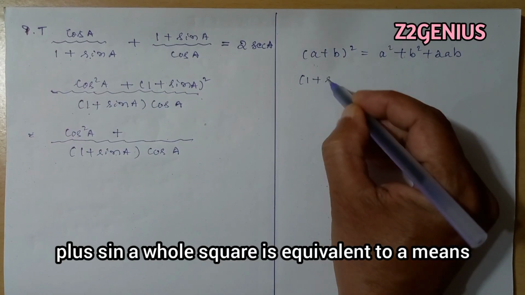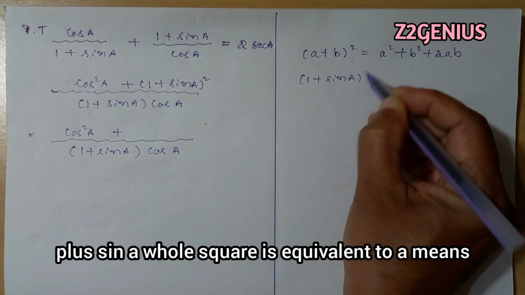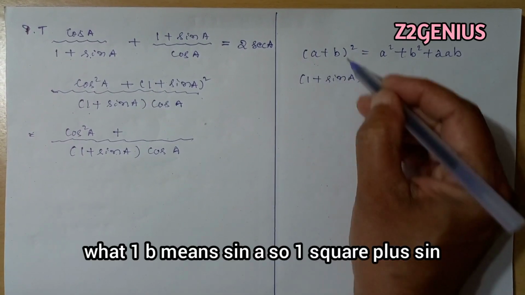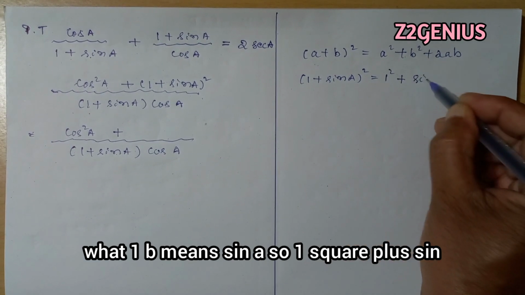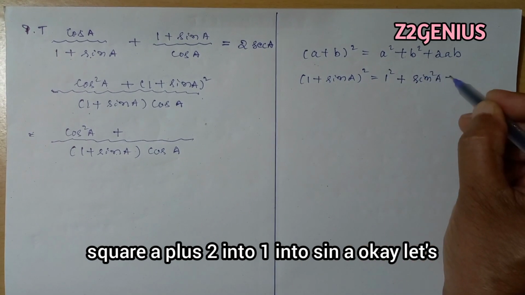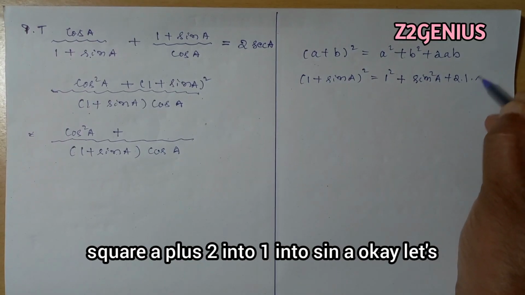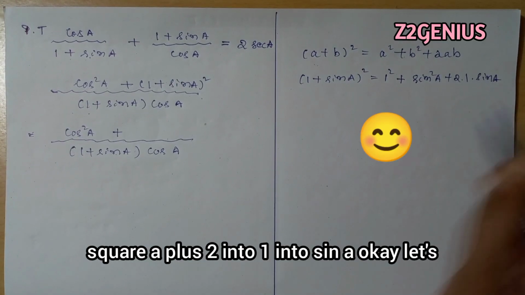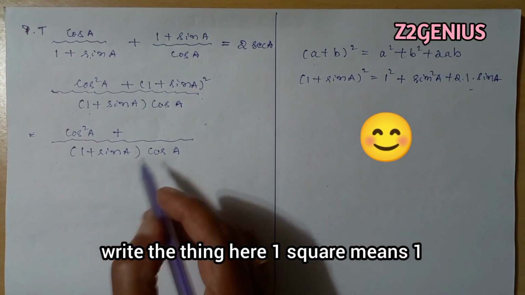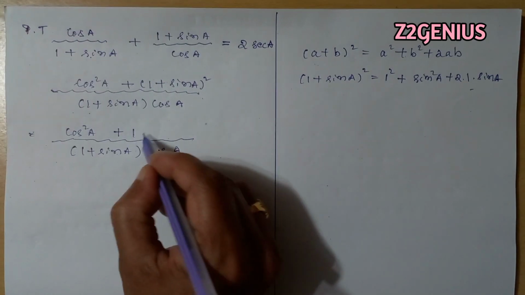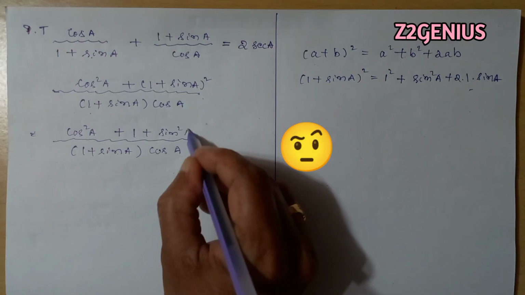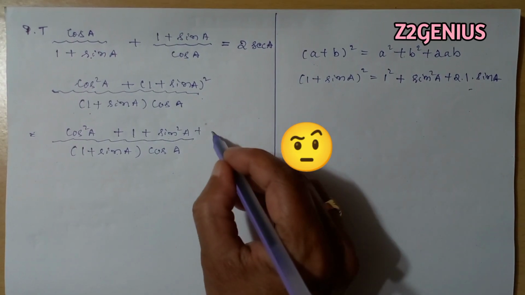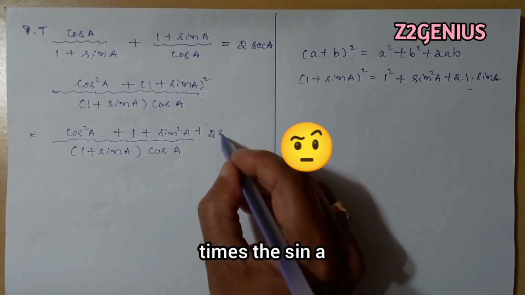A means 1, B means sin A. So 1 square plus sin square A plus 2 into 1 into sin A. So write it here: 1 square means 1, plus sin square A plus 2 times sin A.